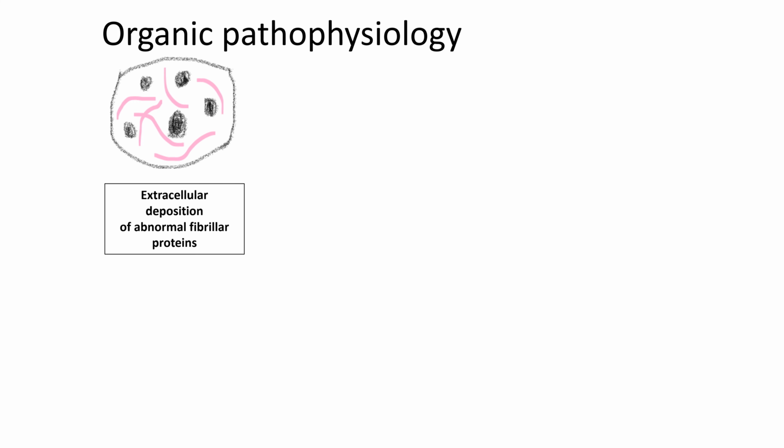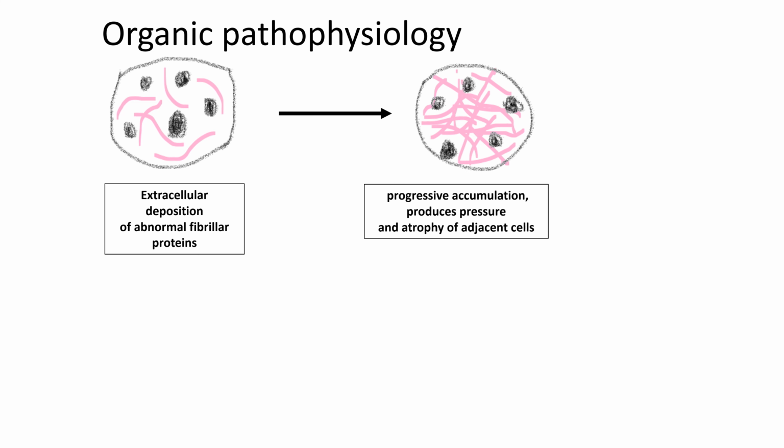What is the organ pathophysiology for all the organs? In the early stage, there are a few deposits of amyloid protein. This early stage may even be asymptomatic, but the more the mass of protein increases in the organ, the more biological or radiological symptoms develop and the organ increases in size.